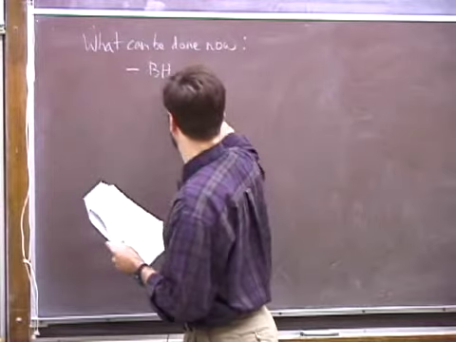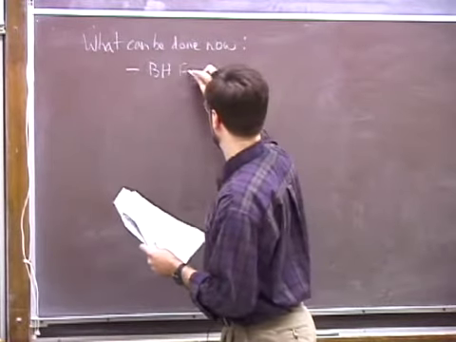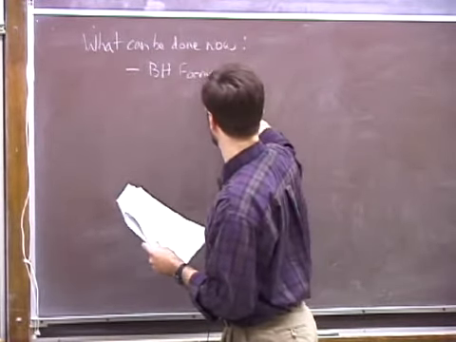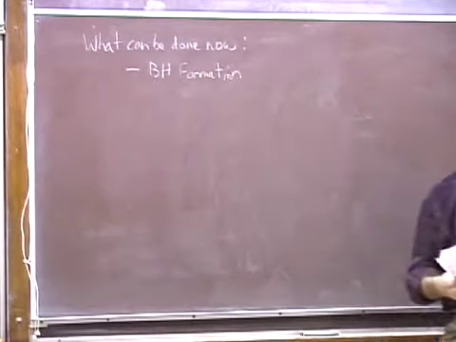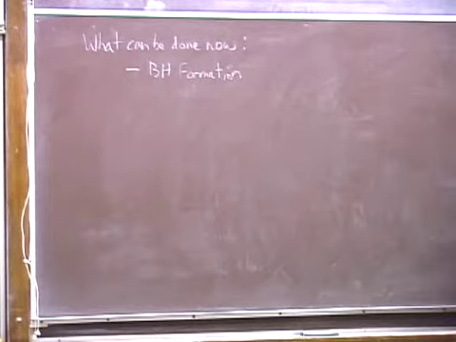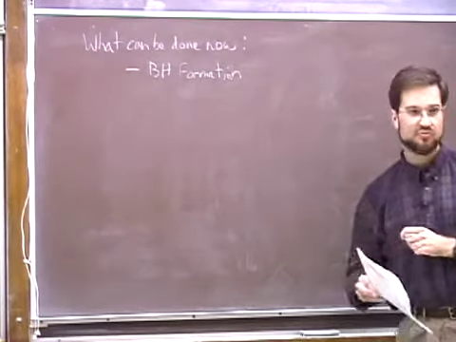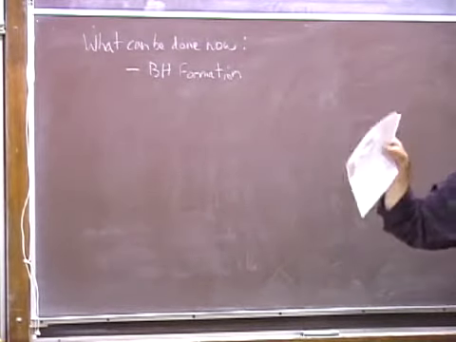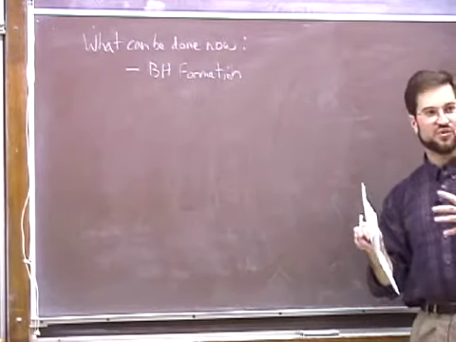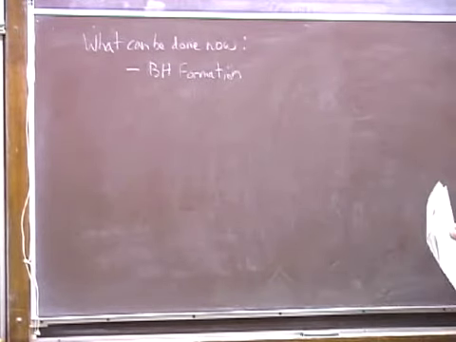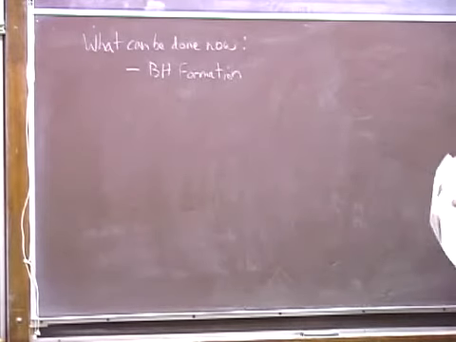So one thing that has been done is black hole formation in various models. So black hole formation by star collapse, or black hole formation by gravitational waves imploding on themselves and making a black hole, which can happen because gravitational waves carry energy. So if you have enough energy concentrating at one spot, you can form a black hole.